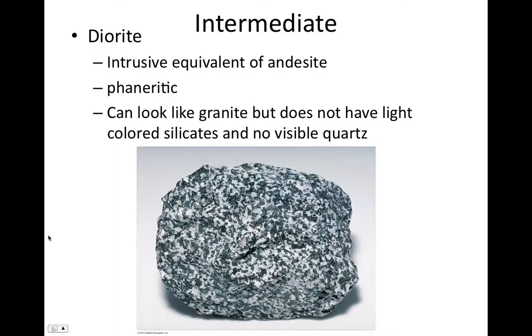And so sometimes diorite can look like granite, but it does not have that large a diversity of non-ferromagnesian silicates. It doesn't have any quartz. It doesn't have any potassium feldspar. It really only has plagioclase feldspar, which is the white mineral. So if there's any pink in it, if there's any clear minerals in it, that means it's granite, not diorite.